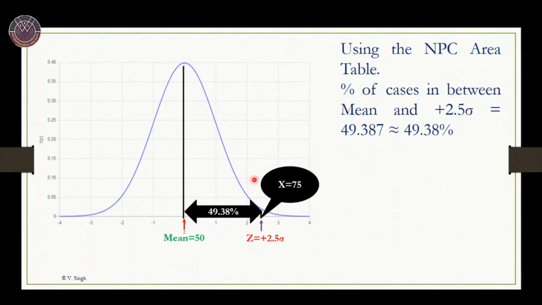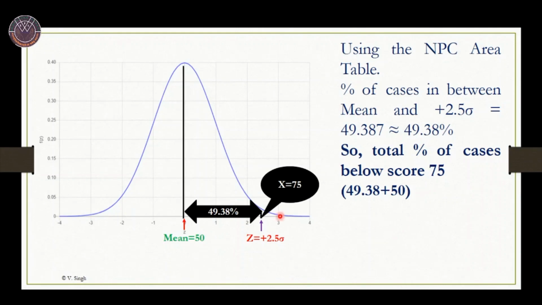So from the NPC area table, we have got the percentage of cases between the mean and plus 2.5 sigma as 49.38. Further, we have 50% cases in this region. So the total percentage of cases below score 75 is 49.38% and 50% on the left hand side.